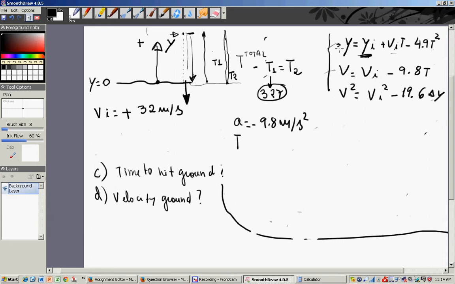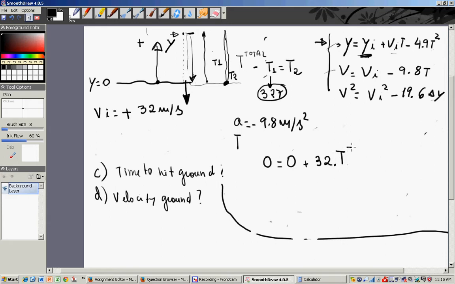Because you already know the time that it took to go all the way to y max. So look at this. One possibility is to say, hey, my final position is at y equals 0. For the total time, my initial position is 0, right? It starts from 0, and my final position is also 0, because it goes from the floor and goes back to the floor. So if I plug that information in here, what do I get?